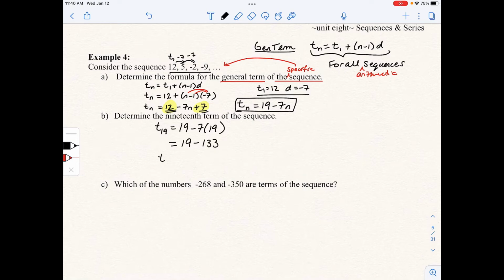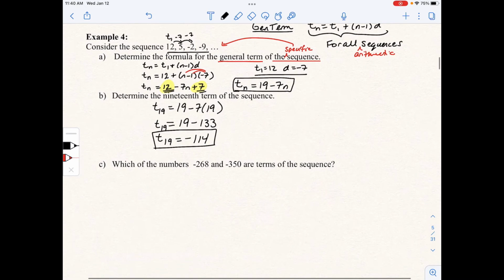And so term 19 would actually be negative 114. Okay? So if we ask for the general term of a sequence, it means basically we're taking our general term formula and simplifying it for this specific sequence.